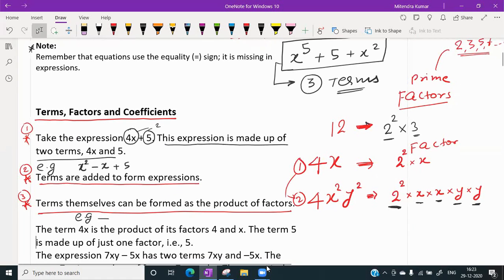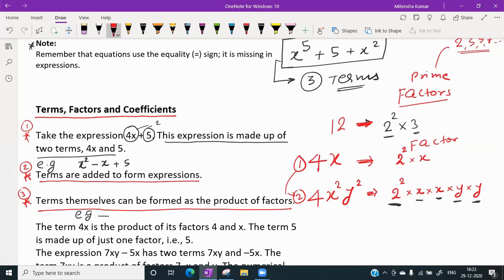So I think terms and factors are done. Third one is coefficient. Write down coefficient. इसको सेपरेटली हम लोग पढ़ेंगे इन डिटेल में. सो राइट डाउन कोफिशिएंट.